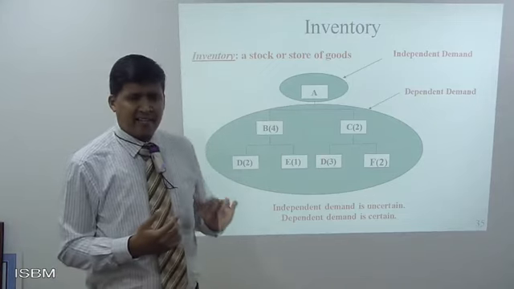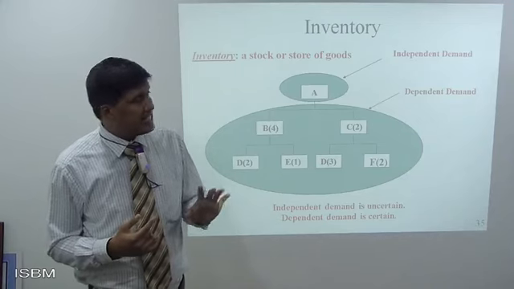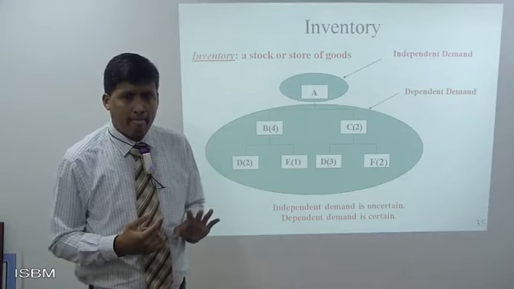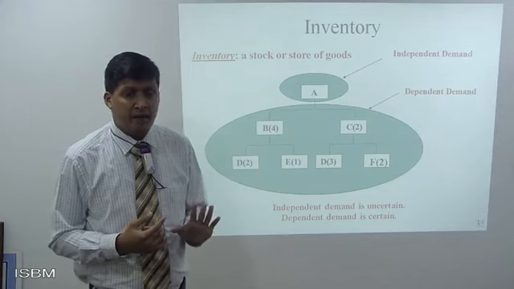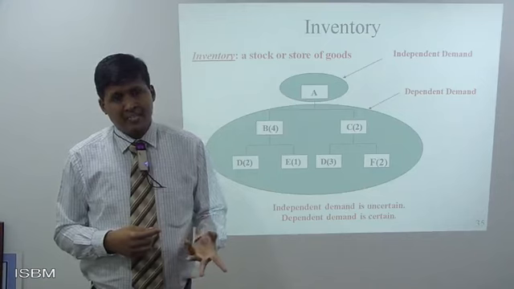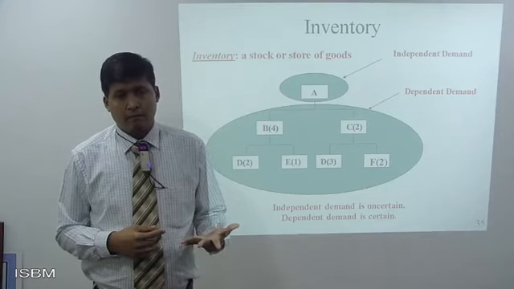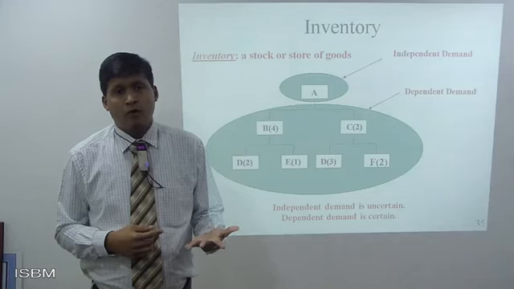So inventory, again, is the stock or store of goods. Now there could be an independent demand or it could be dependent demand as well. We know that demand could be influenced internally by factors like sales, marketing, and strategic planning.